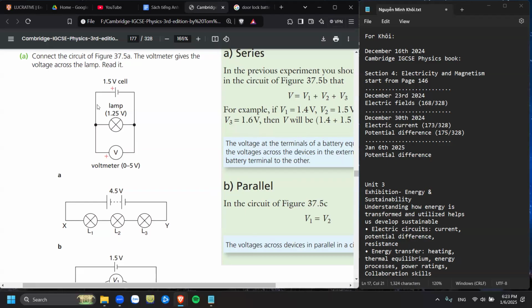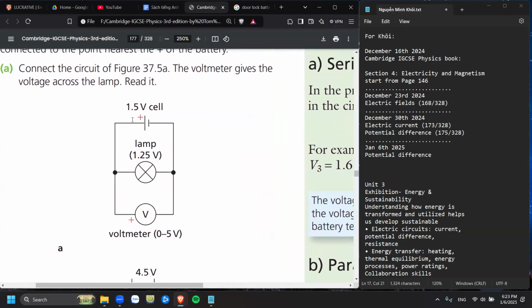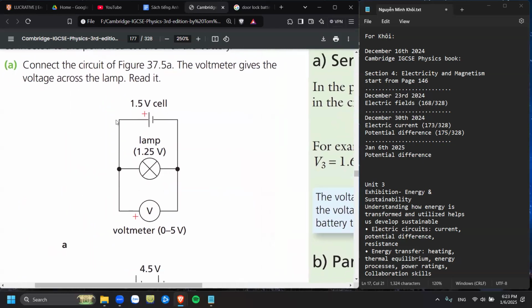Of course, when the electricity flows through the lamp it will eat up some energy, isn't it? So the electrical energy at this point on the left here will be more than the electrical energy at this point on the right, because the lamp eats up some of that electrical energy already.